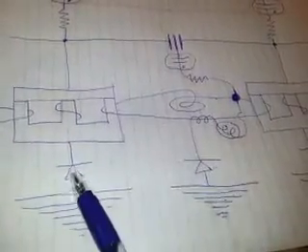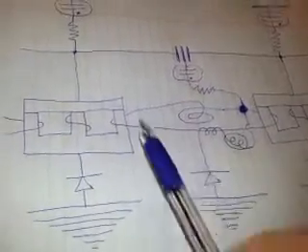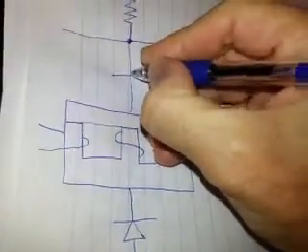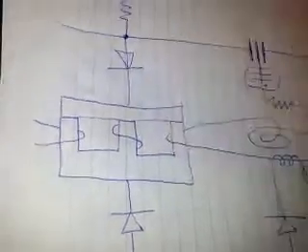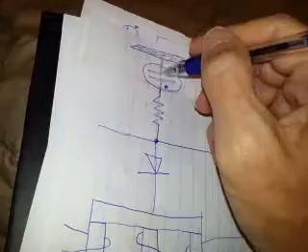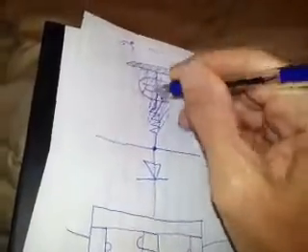I'm just assuming that since I have it here, I'll need it here, but I could be wrong about that. I may just need another one here, pointing downward. Get rid of this.